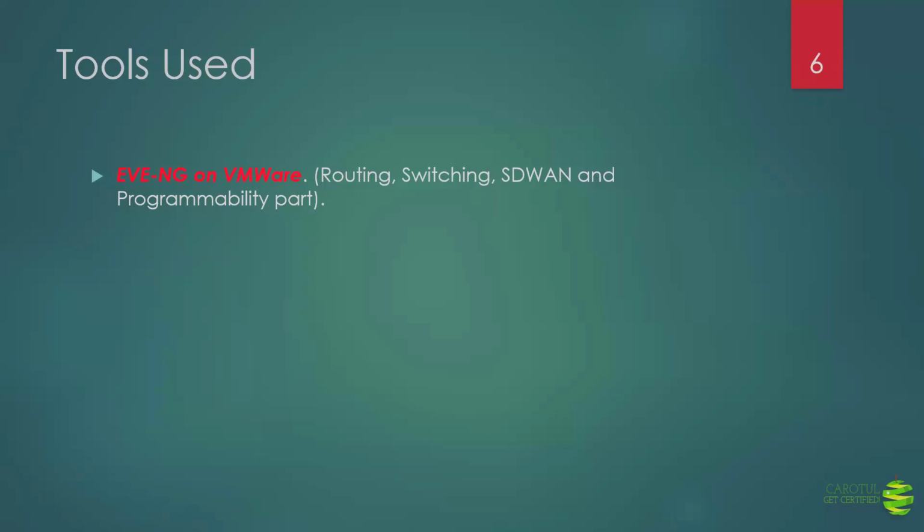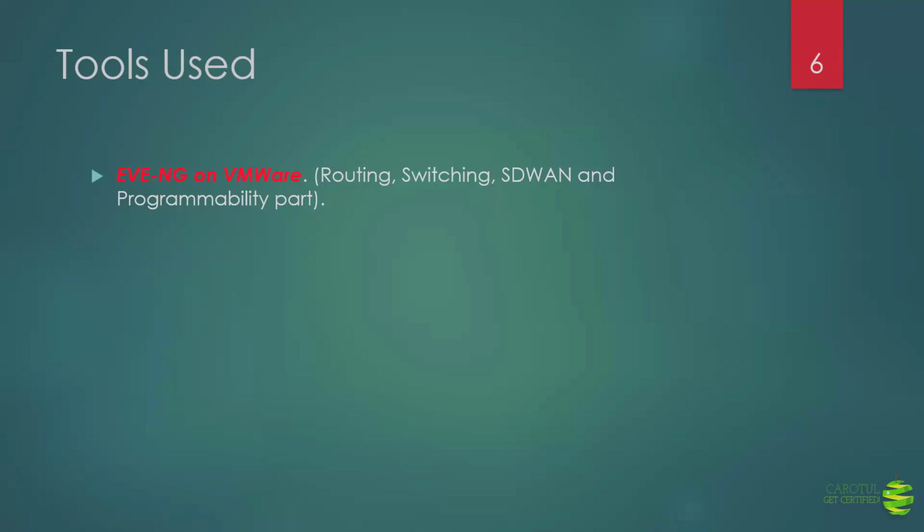We need to upload the real operating system IOSs from routers and switches and SD-WAN devices into the EVNG, and EVNG is just providing you the front end. In the back end, it is actually using the real operating system of the networking devices. So you get the complete support and complete command set that you would get in the real device. The only thing missing is the physical hardware, right?